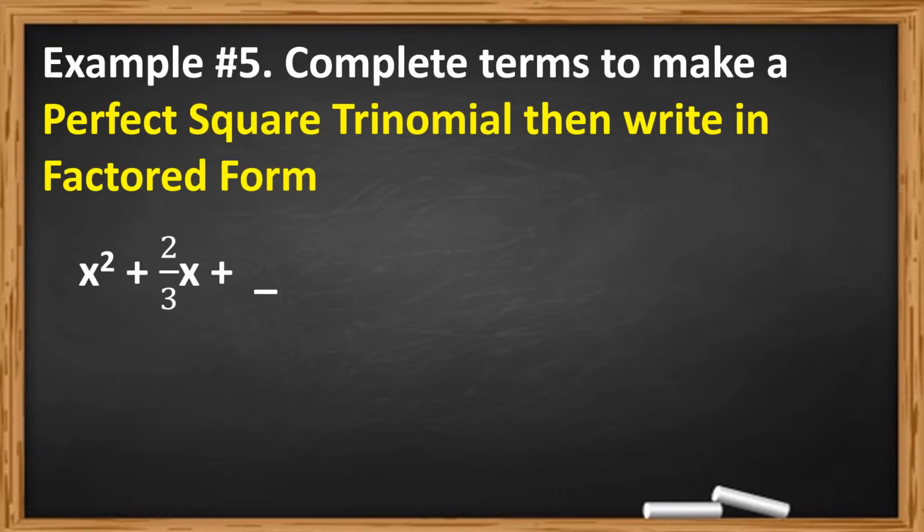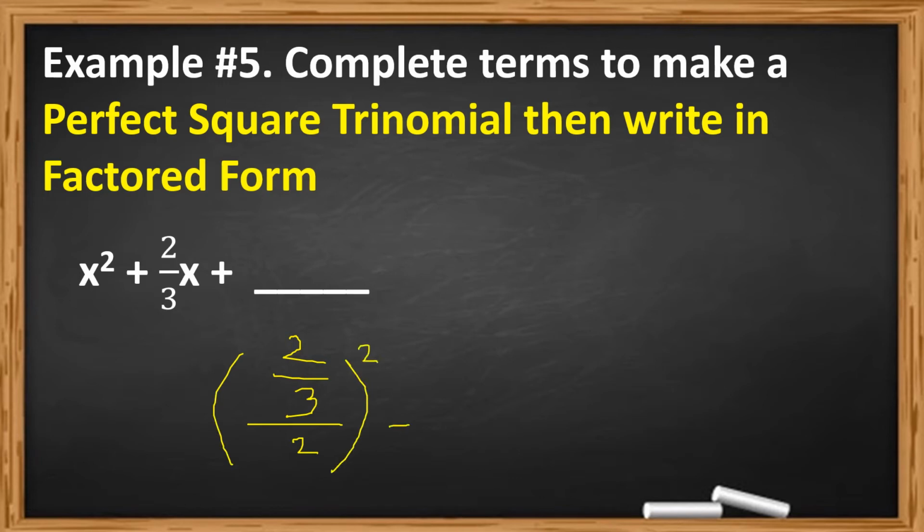Okay, let's consider another example before we go to our lesson proper. What if our second term has a fraction as its numerical coefficient, 2/3. So still stick to our formula, 2/3 divided by 2, quantity squared.